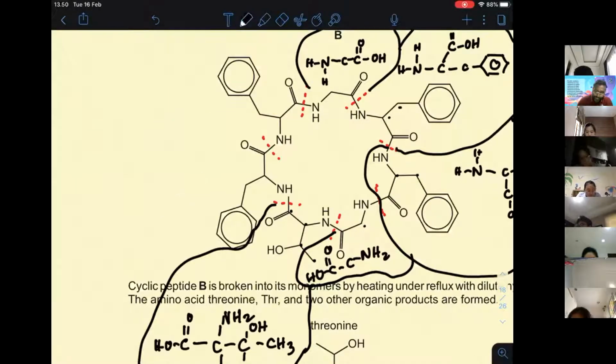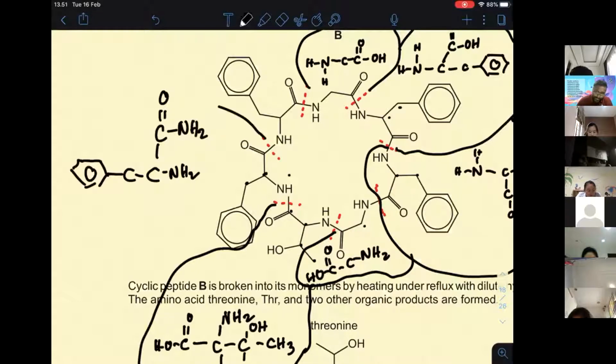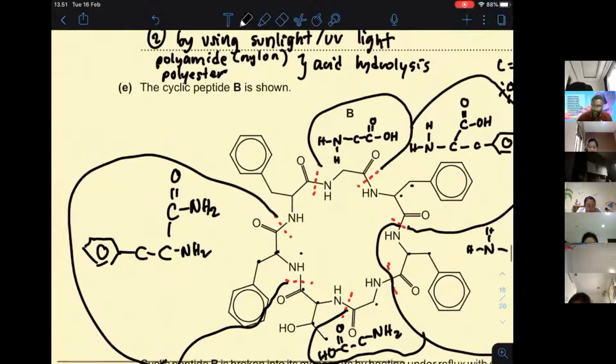NH2 bonded to this carbon, then you have another carbon, and then you have this, and the carbon here bonded to another carbon, double bond O and H2. It's going to be for this.